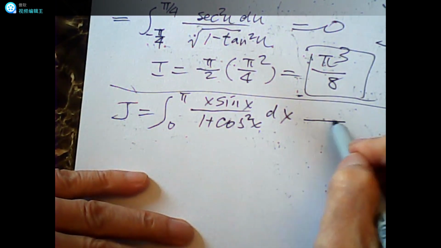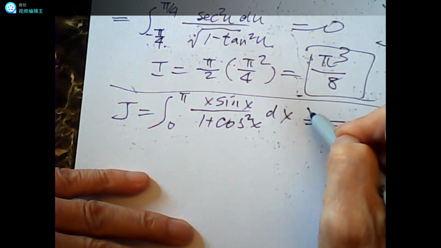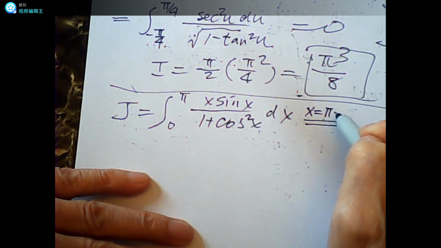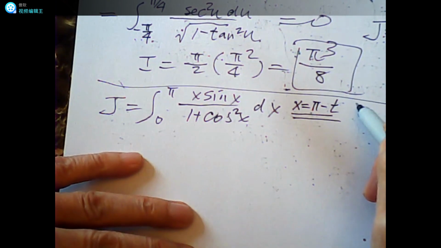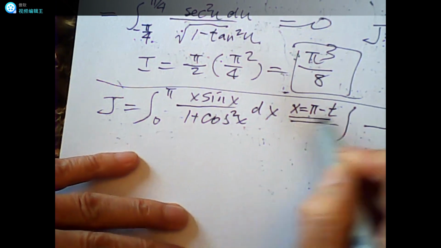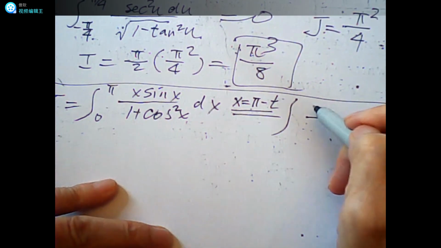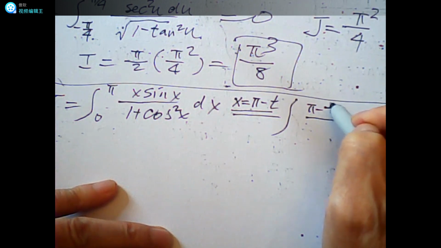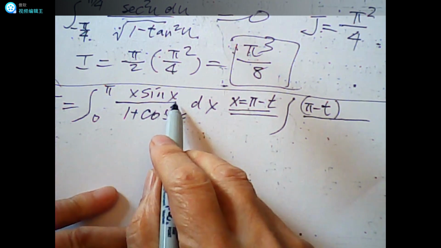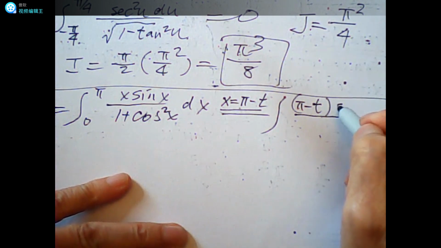I am using the substitution that lets x be pi minus t. Then x will be pi minus t. Sine of pi minus t is sine t.